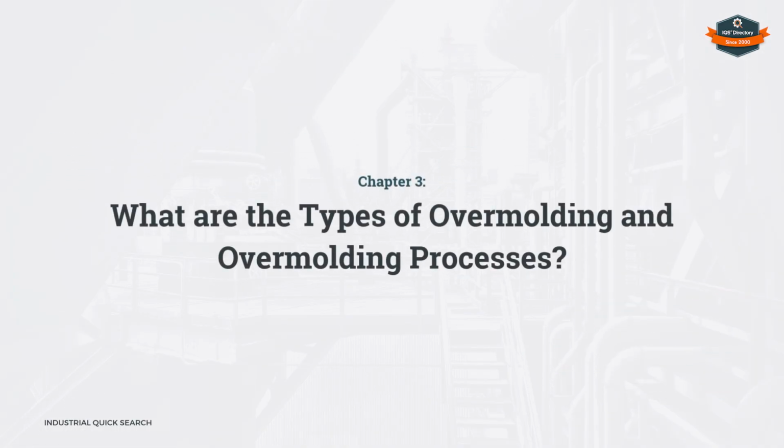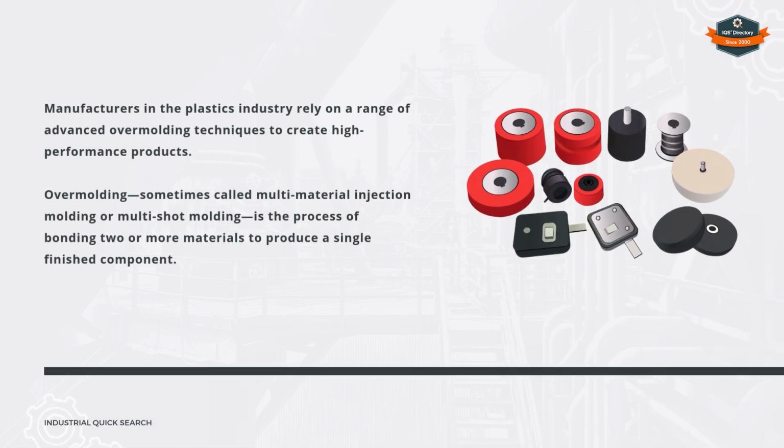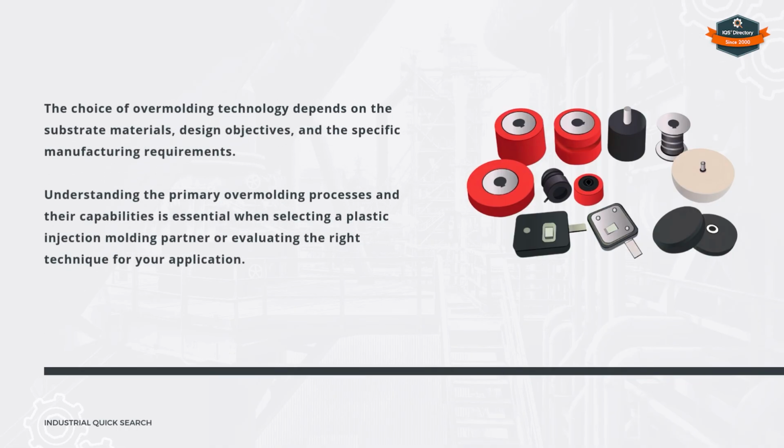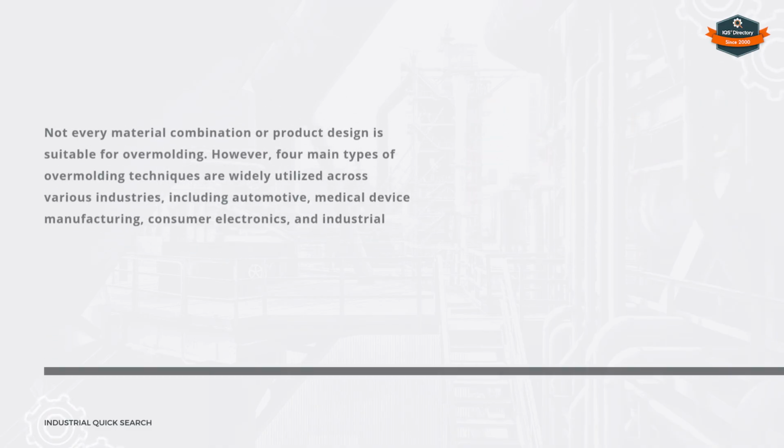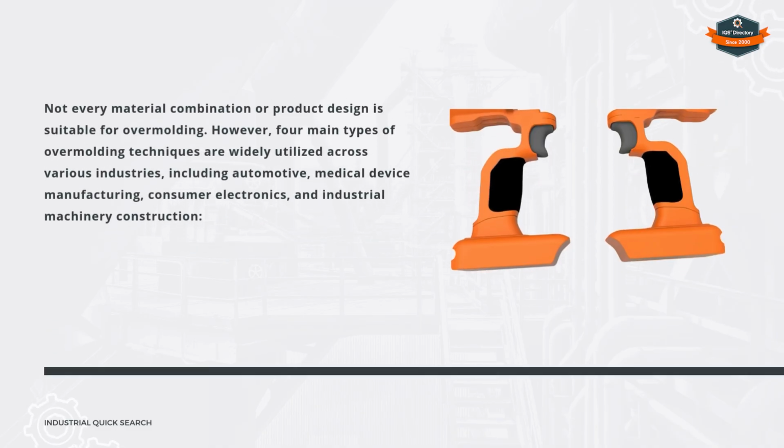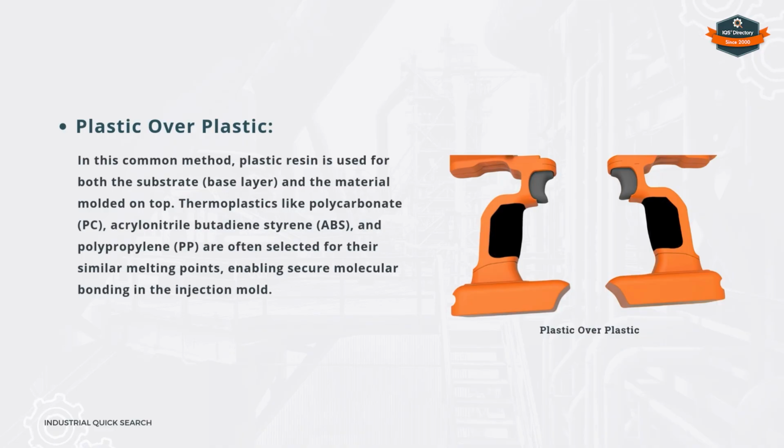Chapter 3. What are the types of overmolding and overmolding processes? For types of overmolding: plastic over plastic.